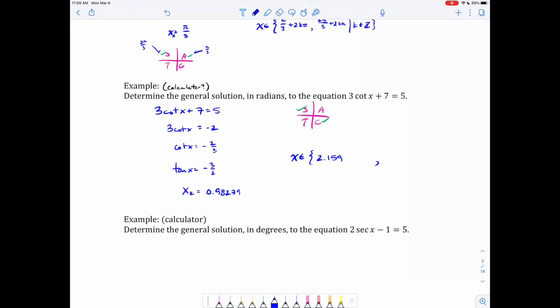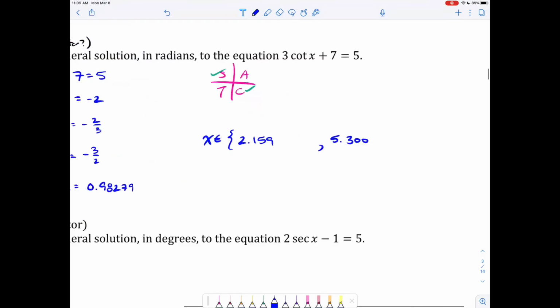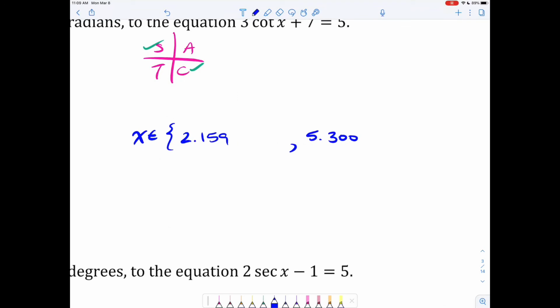And in quadrant 4, I need to take 2 pi minus that. 2 pi minus that answer is 5.300. And those are my answers, but those are my answers from 0 to 2 pi, so I need to make sure I include everything coterminal to it. So we add 2k pi, and we specify that k is an integer.